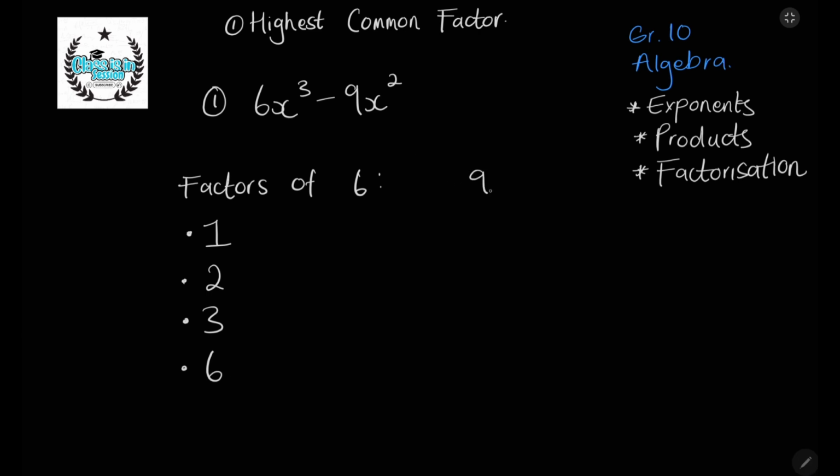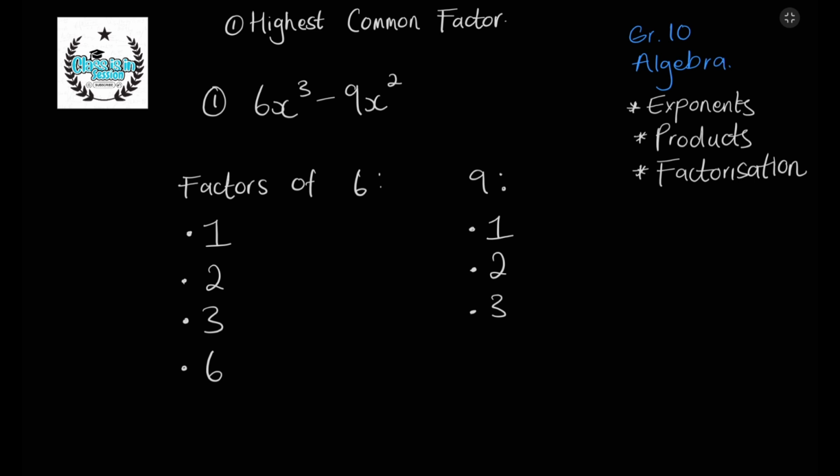So these are the factors of 6. Let's list the factors of 9. Remember, we're working with 6 and 9 as our coefficients. 9 divided by 1 doesn't leave a remainder. 9 divided by 3 doesn't leave a remainder. 9 divided by 4 leaves a remainder. 9 divided by 5 leaves a remainder. 9 divided by 7 leaves a remainder. 9 divided by 8 leaves a remainder.